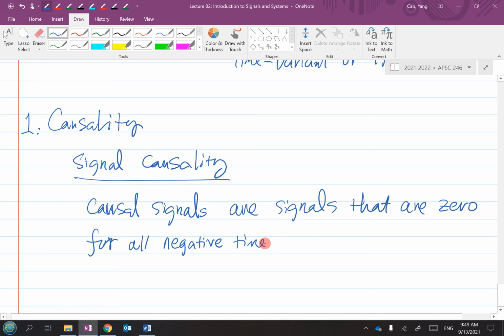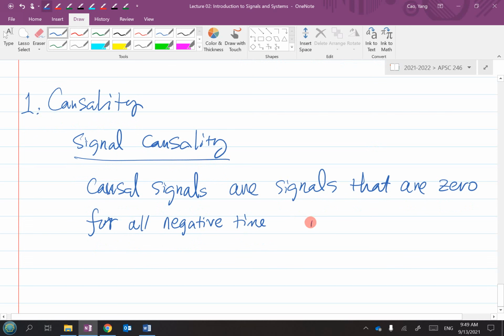It's very simple. Negative time means when t is less than 0. Mathematically, you could write f of t is 0 for t less than 0. If you have a signal like this, it's a causal signal. If you have a signal not like this, it's a non-causal signal.